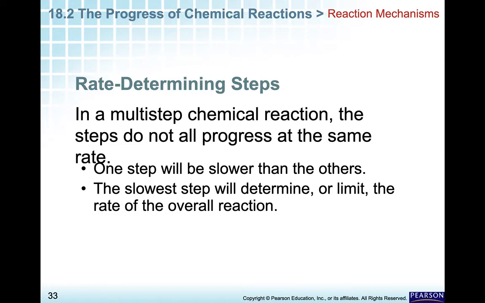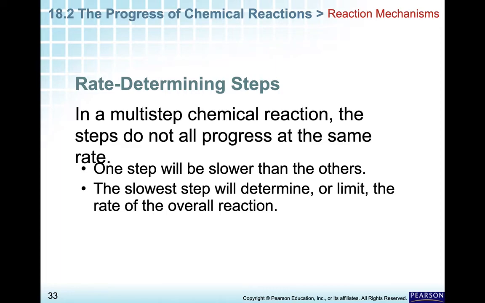It doesn't make our overall equation any faster, because that step can't happen until the first step happens. It doesn't matter how fast we can change A to B. What matters is how fast we can make A.